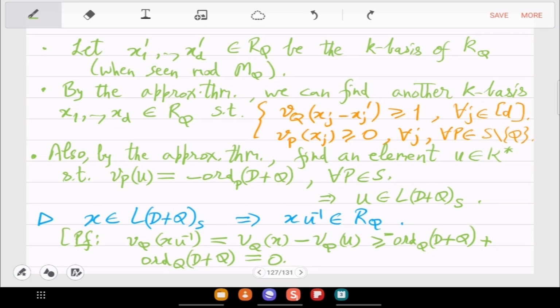So they cancel and you get 0, which means that x u inverse has valuation greater than or equal to 0, sorry, yes, correct. So it's in the DVR.